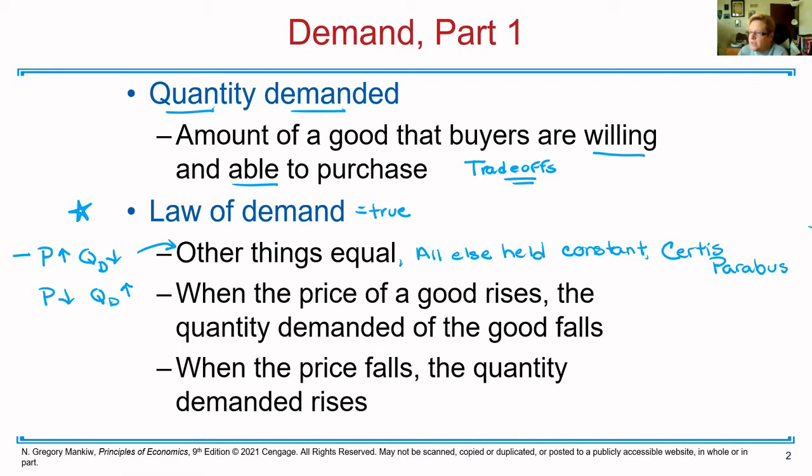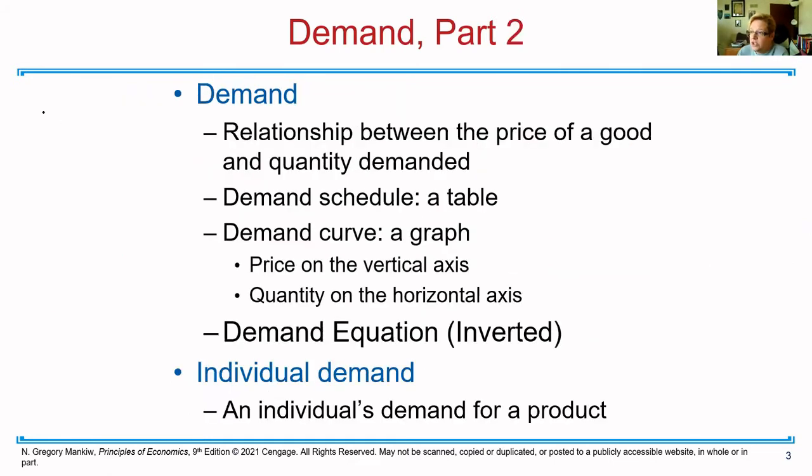So the law of demand says there's this inverse relationship, that when price increases, quantity demanded decreases. All right, so what exactly does that mean? It means that if we look at this relationship between price and quantity, let's go ahead and draw a graph here.